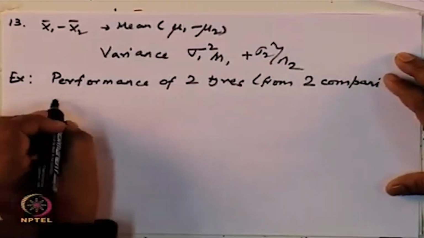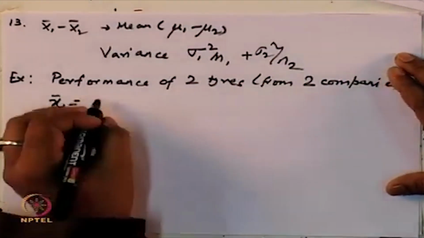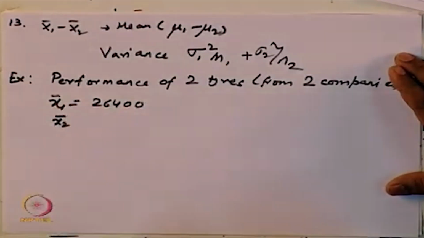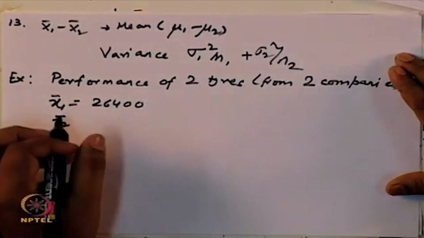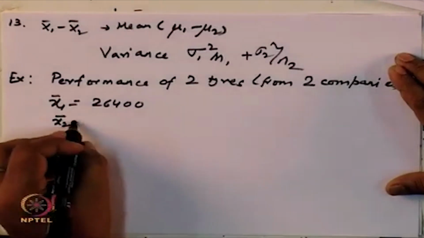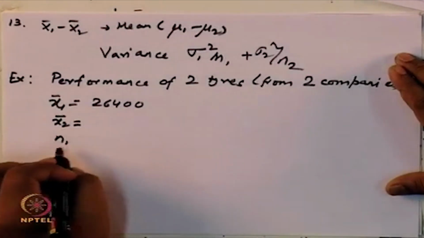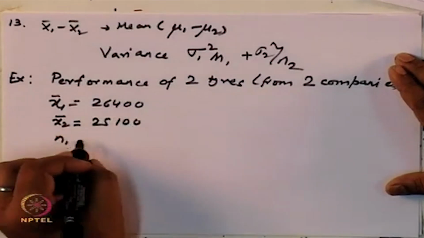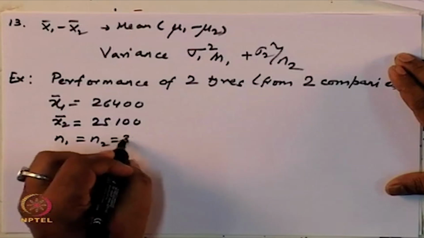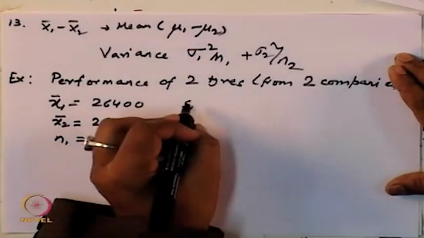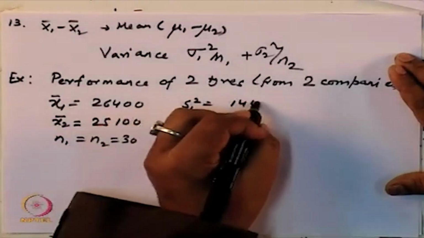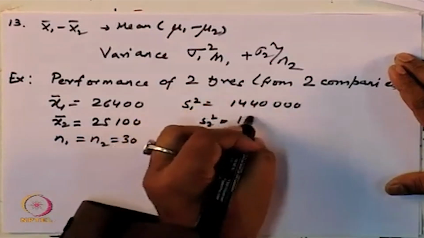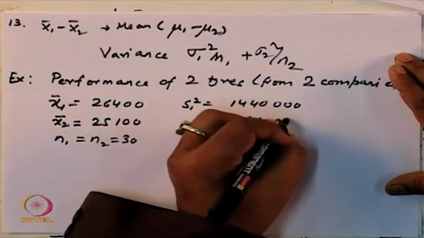You have been given x1 bar as 26,400, x2 bar as 25,100, and n1 equal to n2 equal to 30, s1 square as 1,440,000 and s2 square as 1,960,000.